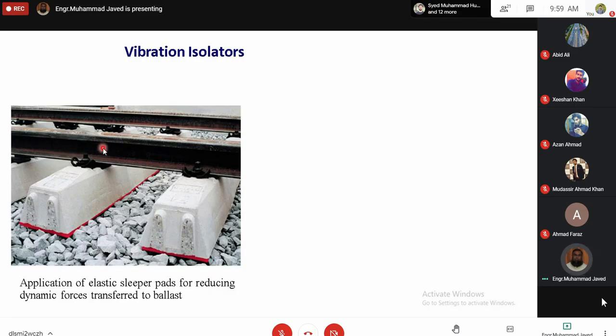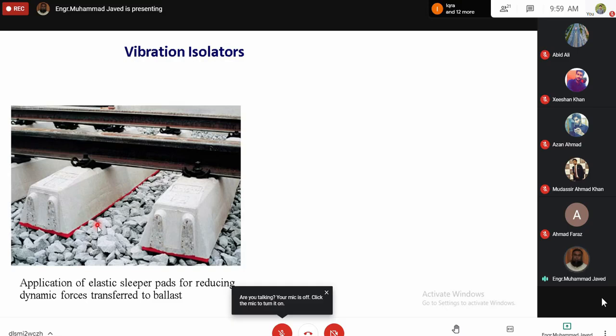So when the train passes on it, it produces impact loading, dynamic forces in the vertical direction, and this red rubber layer reduces those dynamic forces, and only a fraction of dynamic forces is transferred to the ballast below, and consequently we arrive at economical design.